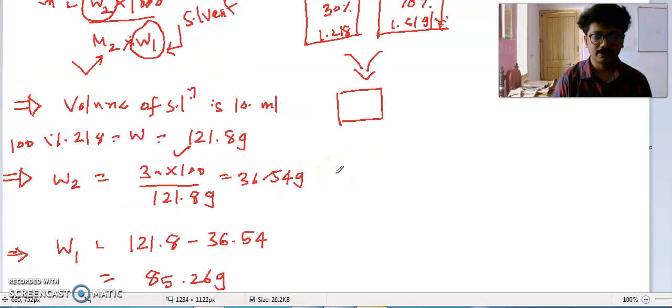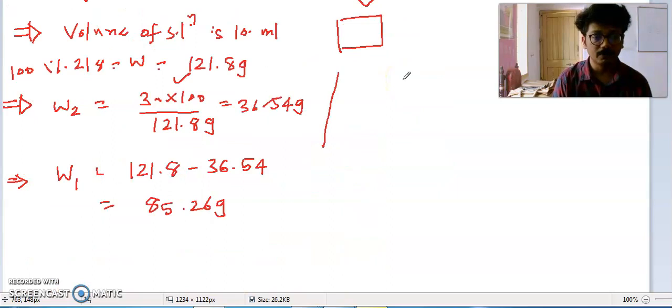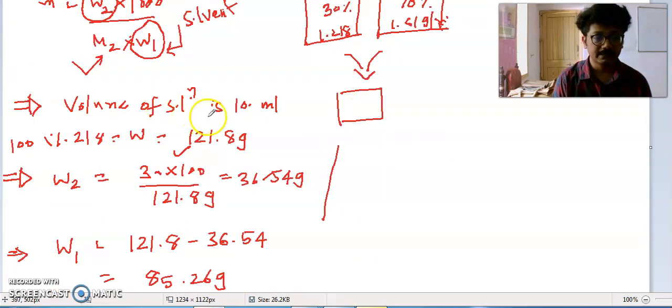The same way you will find the mass of H2SO4 in this other solution. Here it is given that the volume is equal. The question says the molality of a solution made by mixing equal volumes. So if I imagine that the volume of the first solution is 100 ml, here also the volume is 100 ml.